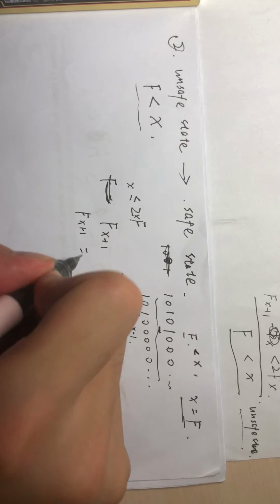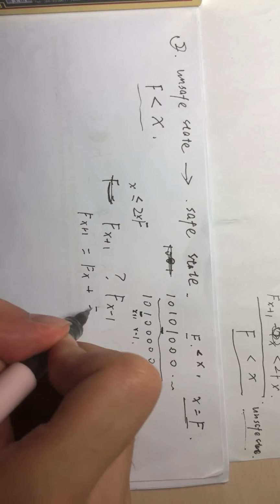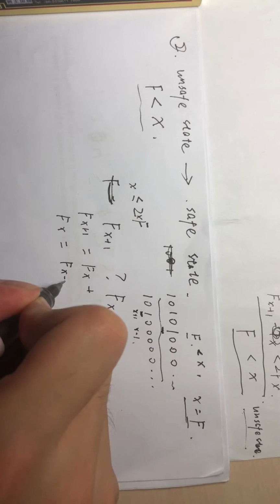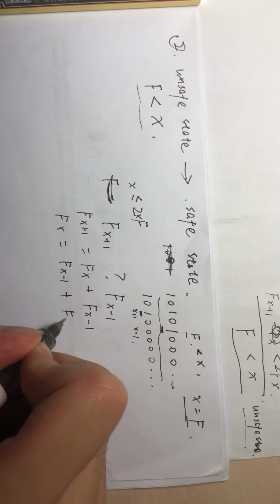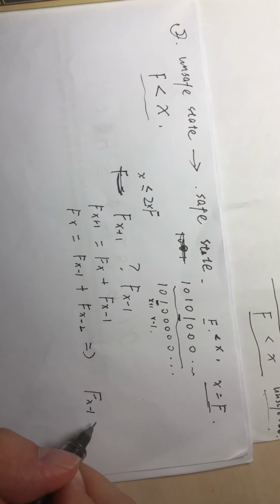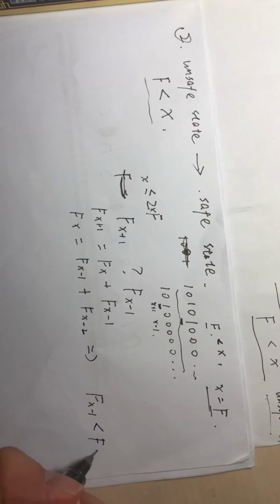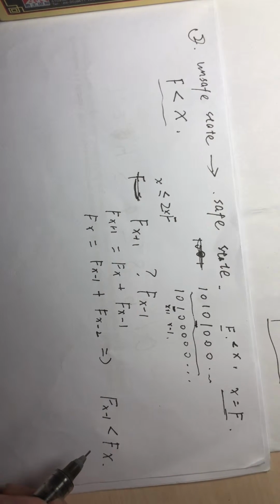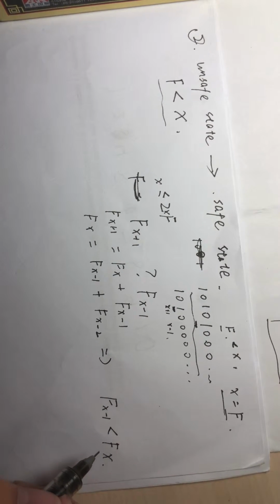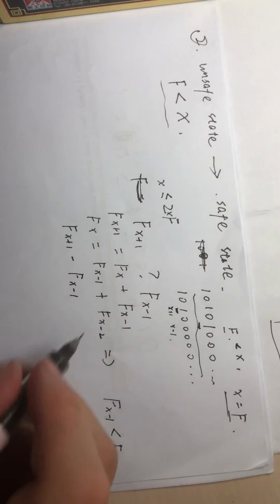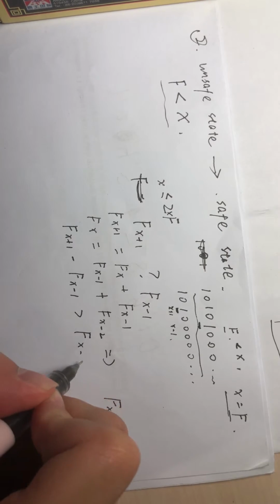Fx plus 1 is equal to fx plus fx minus 1. Fx is equal to fx minus 1 plus fx minus 2. So fx minus 1 is smaller than fx. So fx plus 1 minus fx minus 1 is bigger than fx minus 1.